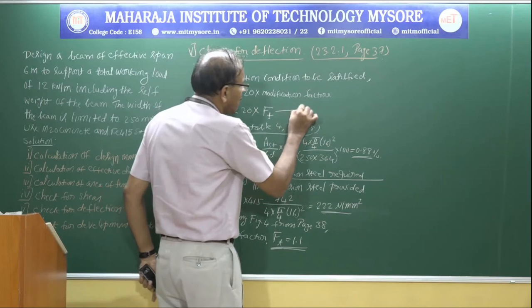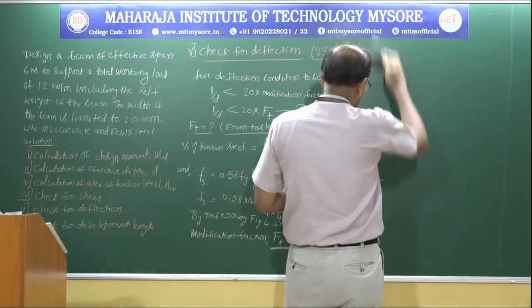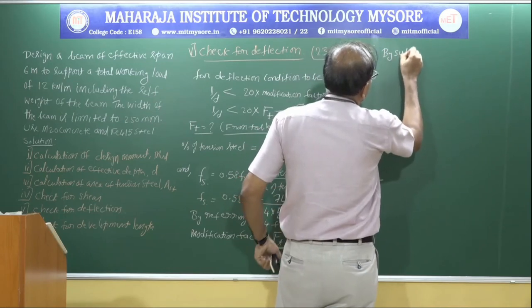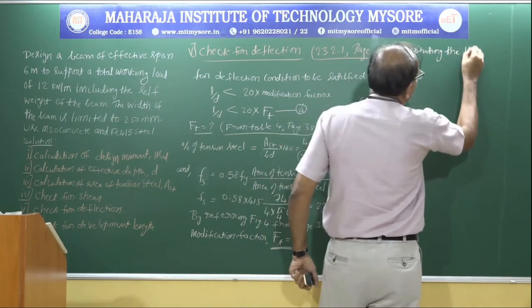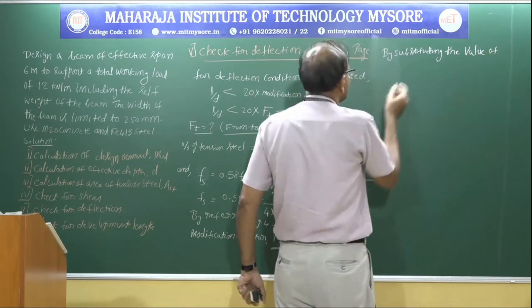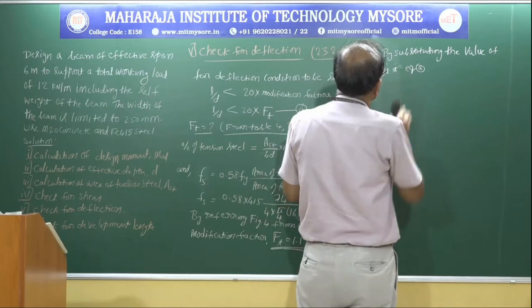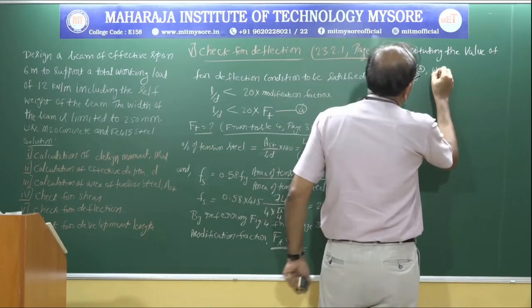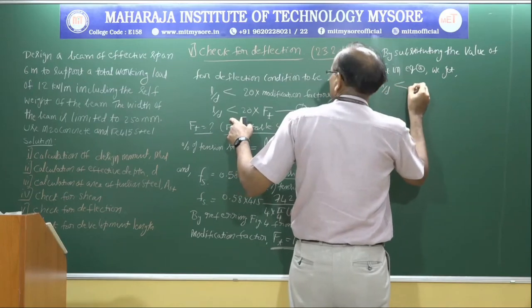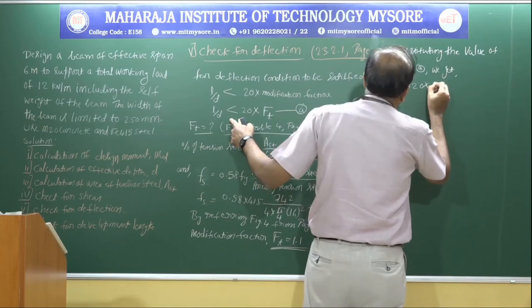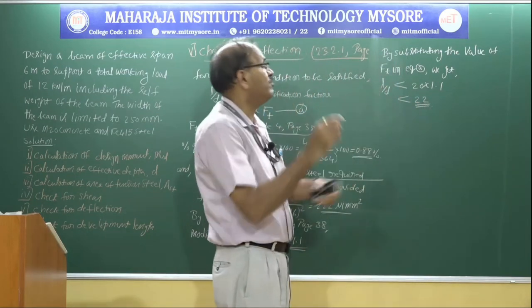If I call this equation A, then by substituting the value of Ft in equation A, we get L by D ratio should be less than 20 multiplied by Ft, which is 1.1, that should be less than 22. So L by D ratio should be less than 22.